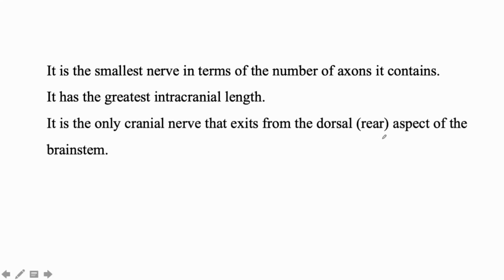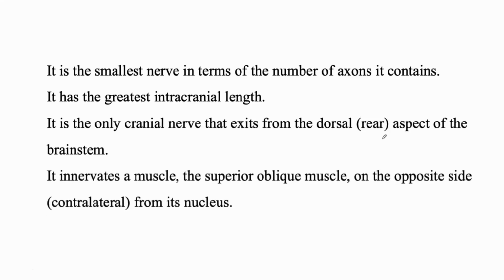Next, it is the only cranial nerve that exits from the dorsal, that is the rear, aspect of the brainstem. And the fourth very important unique feature is that it innervates the superior oblique muscle on the opposite side from its nucleus. All the extraocular muscles, take superior rectus, inferior oblique, we also have medial rectus and lateral rectus.